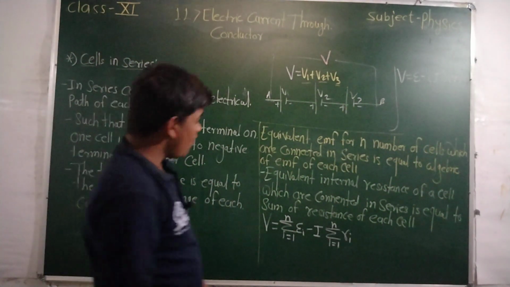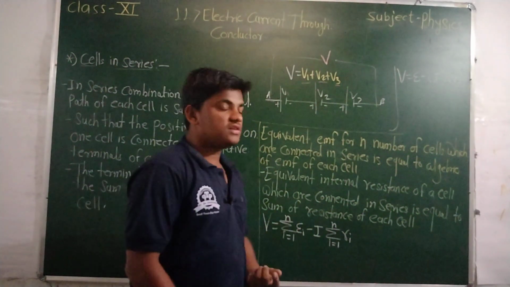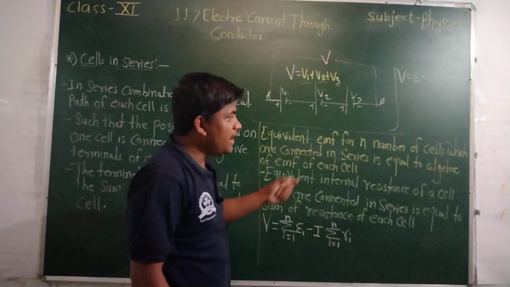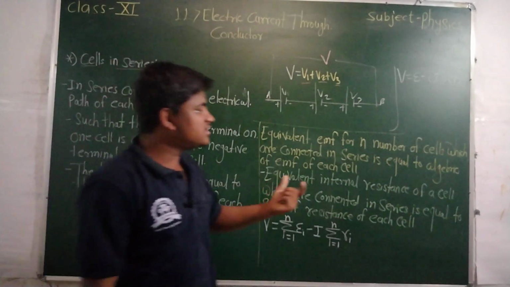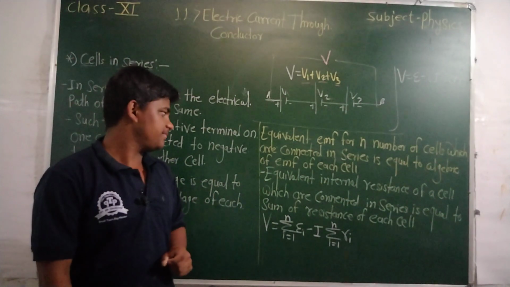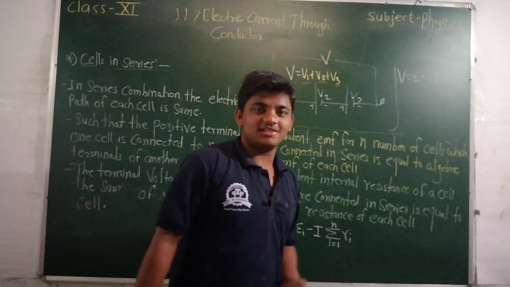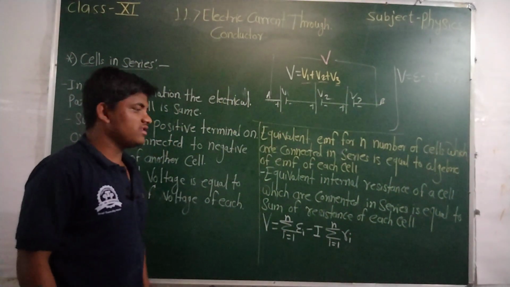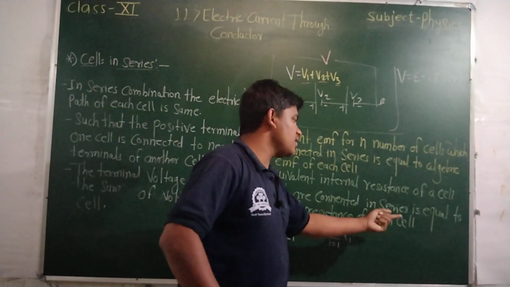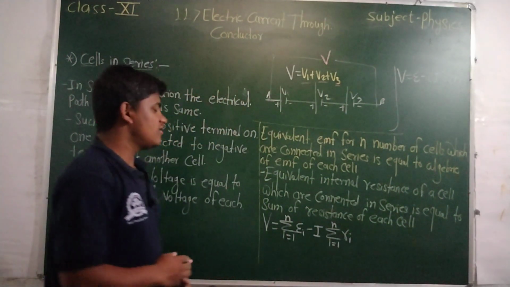Now we have discussed the total EMF or equivalent EMF for cells connected in a series combination. The equivalent EMF of n number of cells connected in a series combination is equal to the algebraic sum of EMF of each cell. Then the equivalent internal resistance of cells connected in series is equal to the sum of the resistance of each cell.